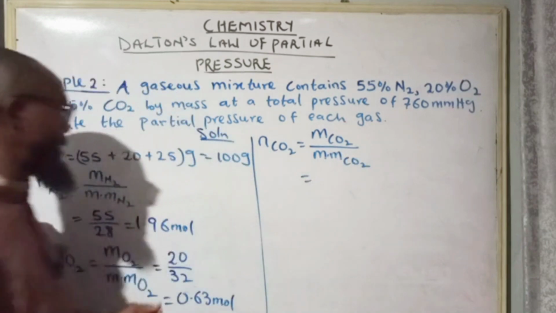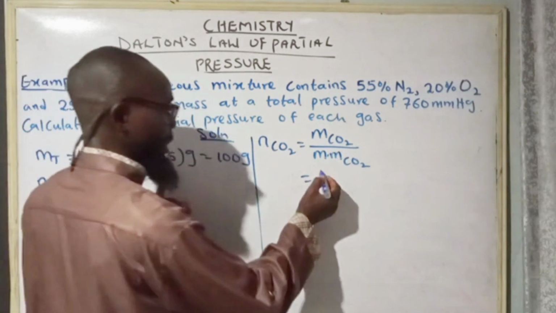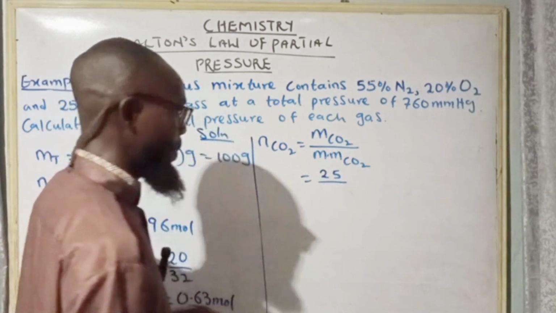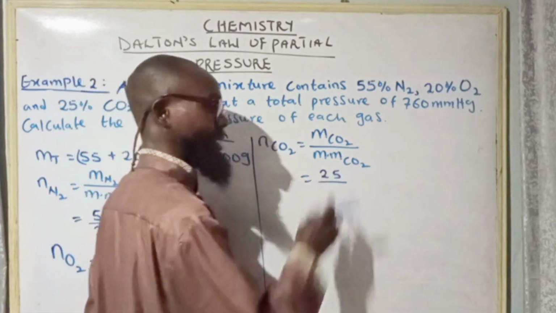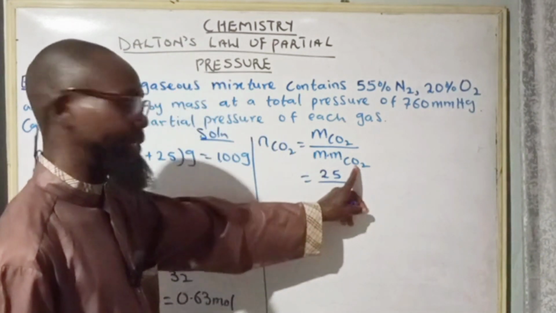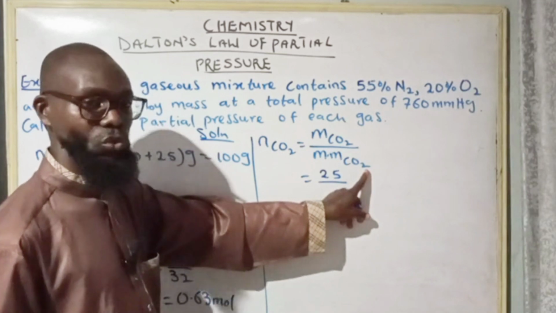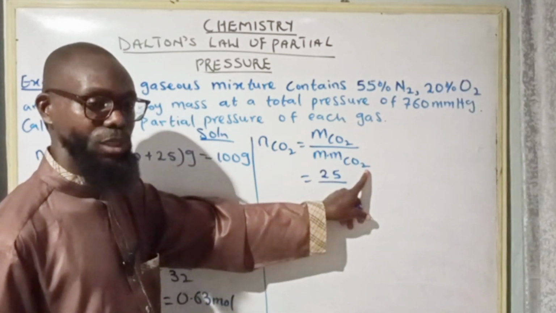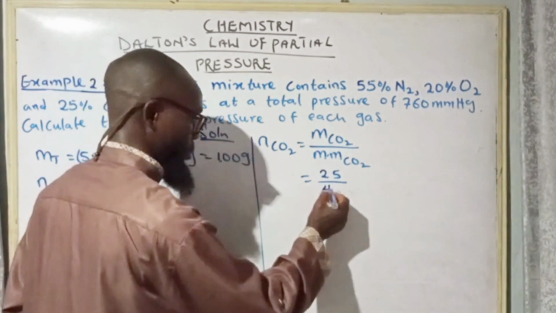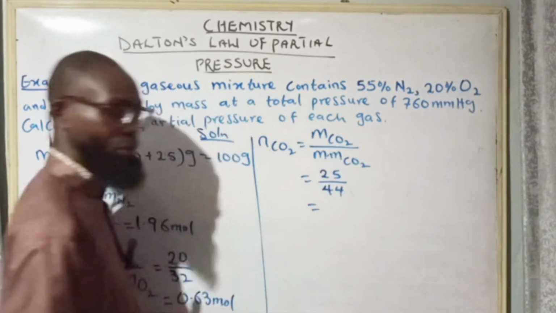The mass of carbon dioxide here is 25 grams, 25 over the molar mass of carbon dioxide. Don't forget, the atomic mass of carbon is 12. Oxygen is 16. 16 times 2, we have 32. 32 plus 12, so we are going to have 44. So 25 divided by 44.